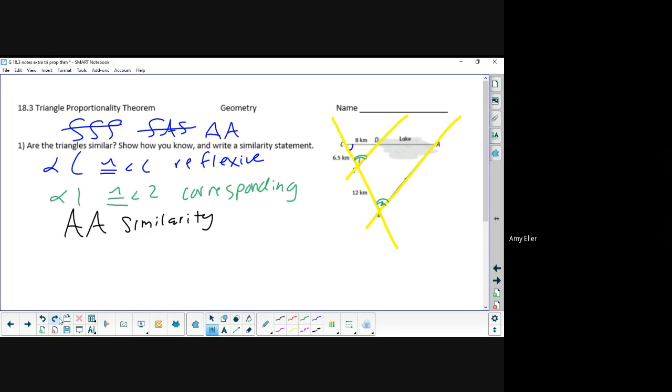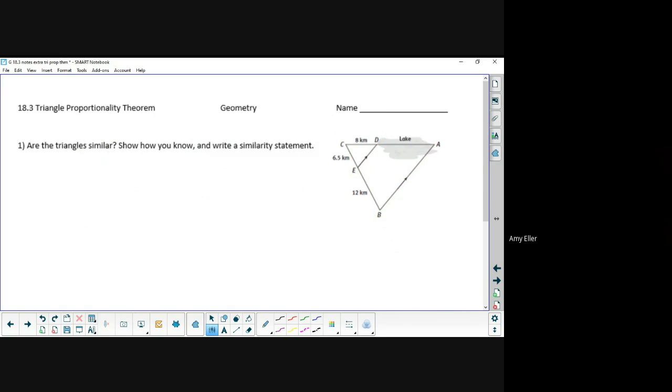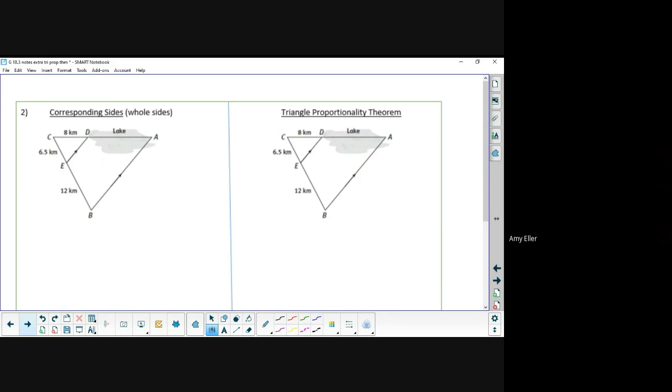This triangle that we just did is the same triangle that's all over your paper. There's no change. There's some numbers on it that we're going to find, but the picture is the same. There are parallel lines, which makes these angles alike, and they overlap that angle. So let's look at number 2. Let's mark this picture.